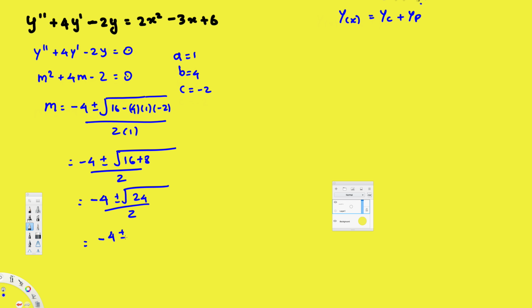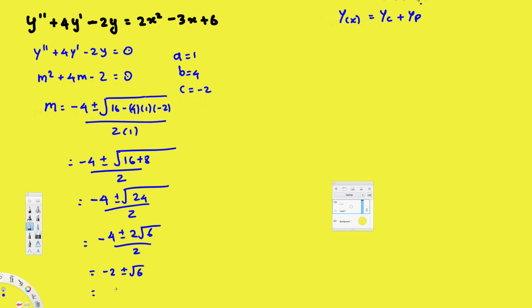I take the 4 outside of the square root, which becomes 2, so 2 square root of 6 divided by 2. Now we can simplify furthermore. Because we are dividing by 2, this becomes minus 2 plus or minus square root of 6.